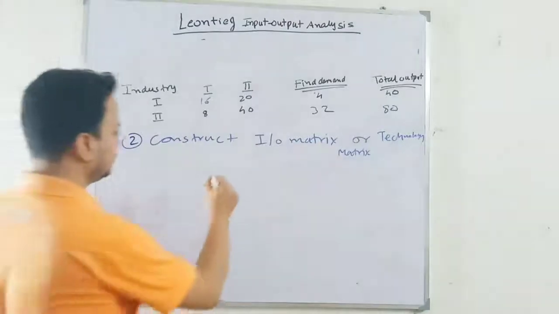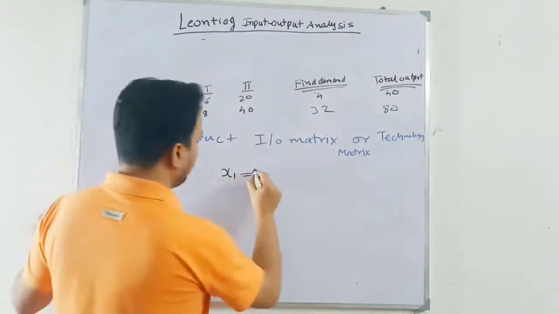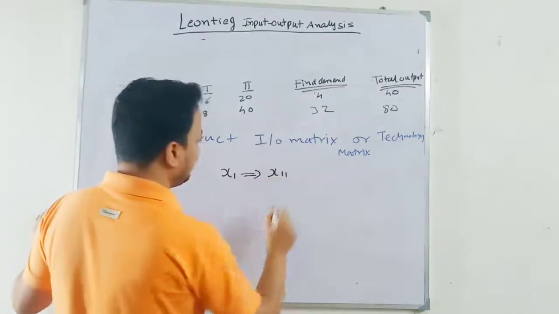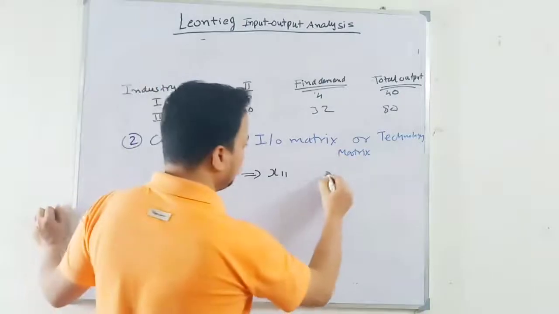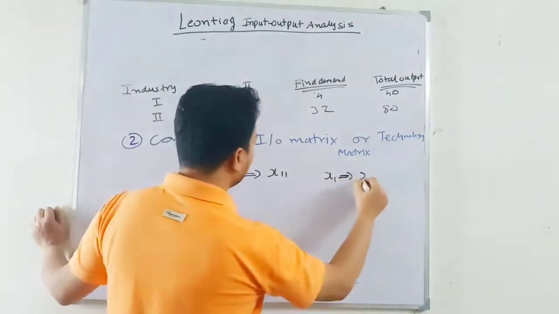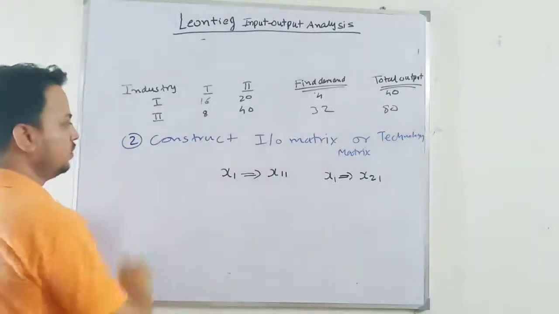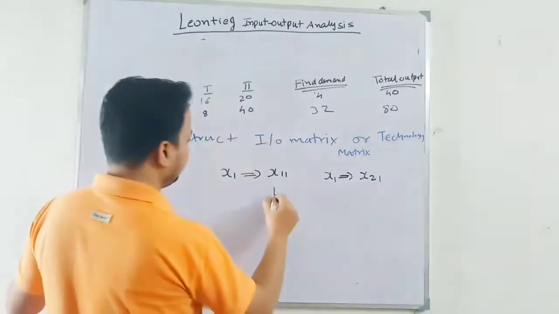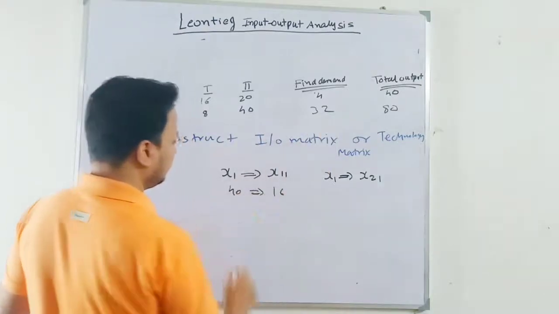Remember, in order to produce X1 units, you require X11 units of output from industry 1. Okay. In order to produce X1 units, you require X21 units of output from industry 2. This is here 16, and this is 40, right?